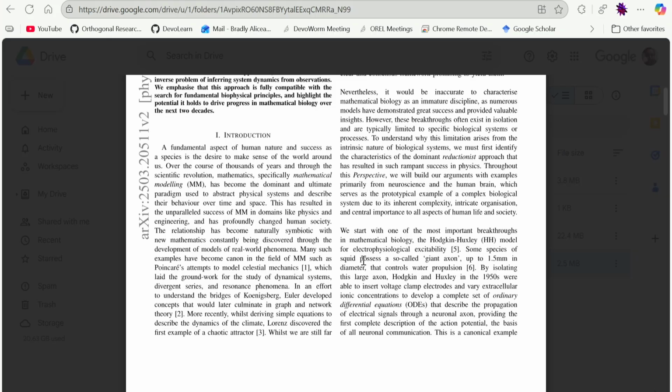Some species of squid possess a so-called giant axon up to 1.5 millimeters in diameter that controls water propulsion. By isolating this large axon, Hodgkin and Huxley were able to insert voltage clamp electrodes in varying extracellular ionic concentrations to develop a complete set of ordinary differential equations that describe the propagation of electrical signals through a neuronal axon, providing the first complete description of the action potential, the basis of all neuronal communication.